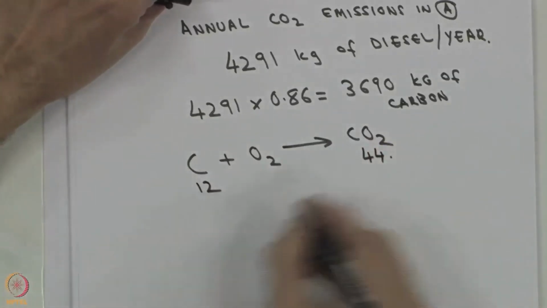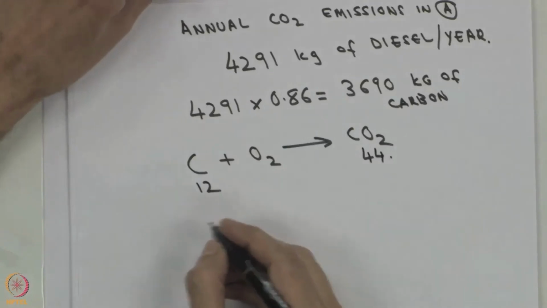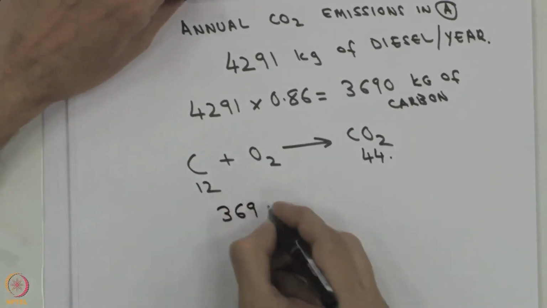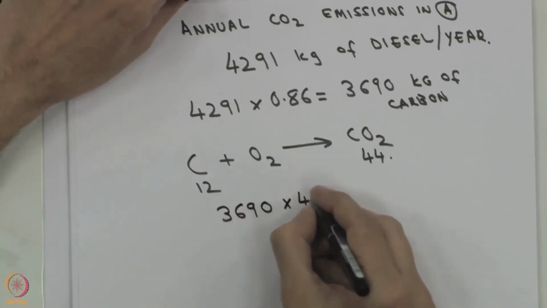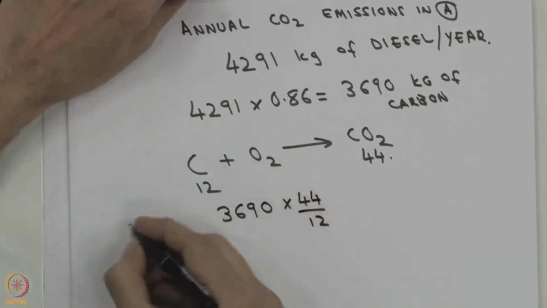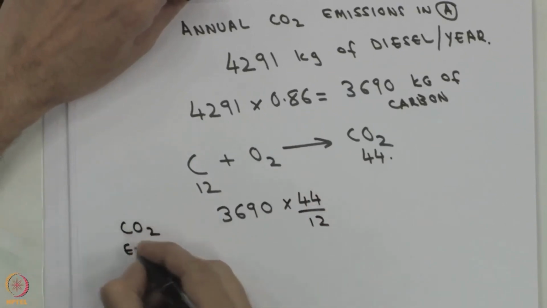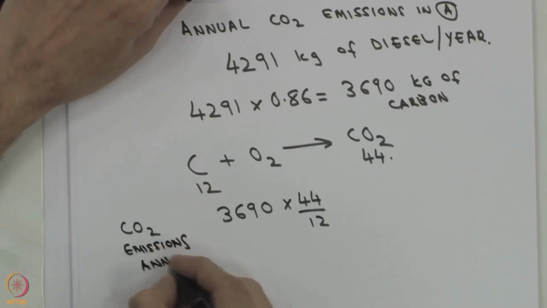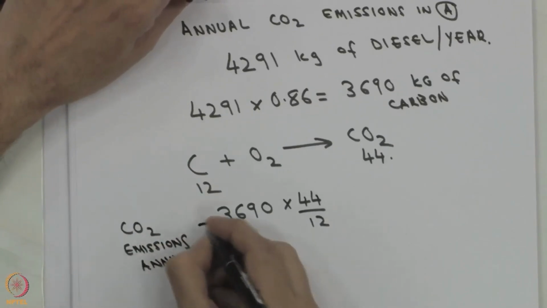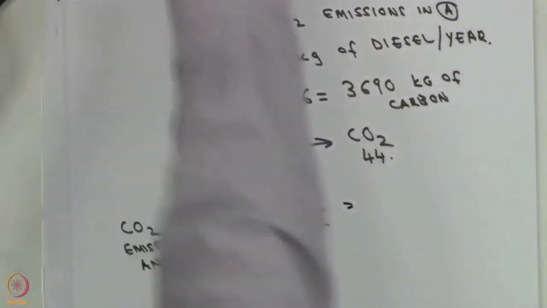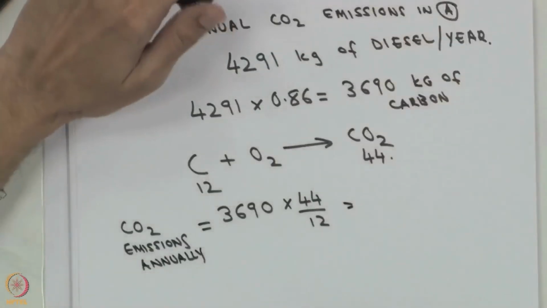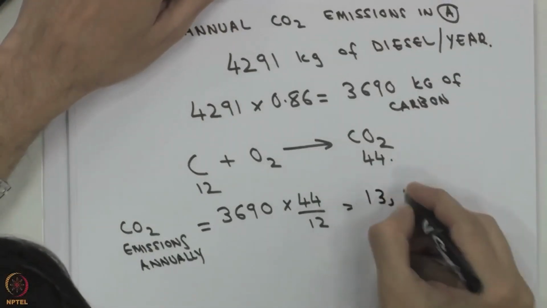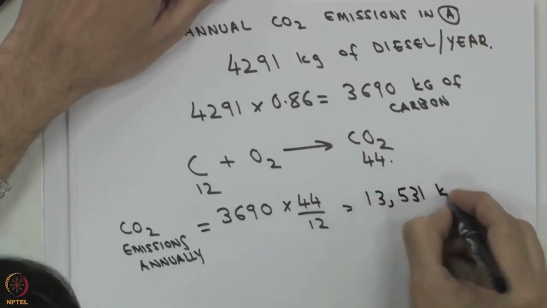So, if we want to calculate how much CO2 we are getting annually from the diesel, this will be 3,690 into 44 by 12 is the CO2 emissions annually in option A. If we do the calculation, you will find that this is 13,531 kgs of CO2.